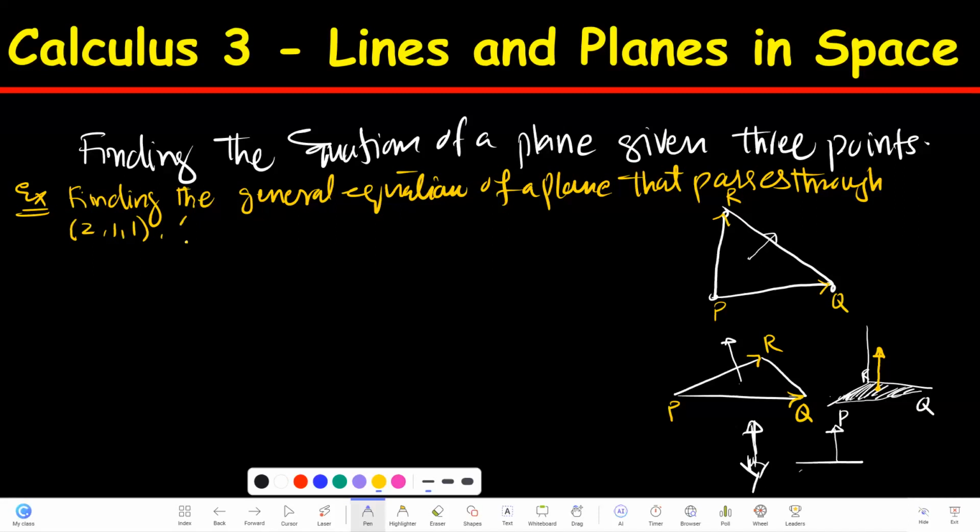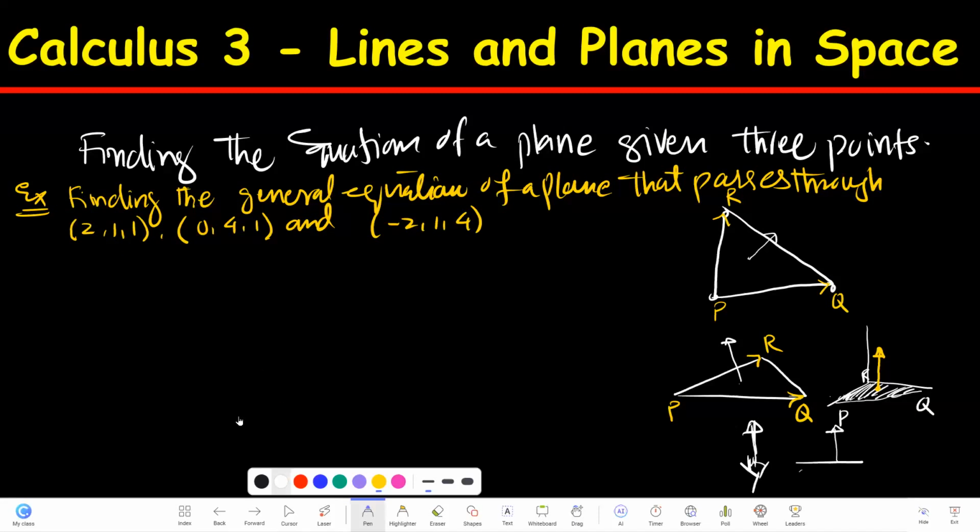The coordinates are given, you just name them according to PQR or STY, whatever. The names are not necessary. Okay. These are the 3 things you've been given.